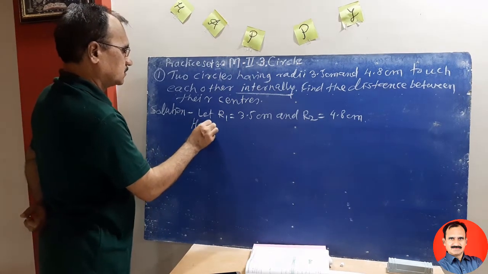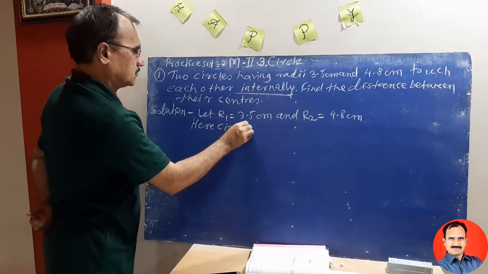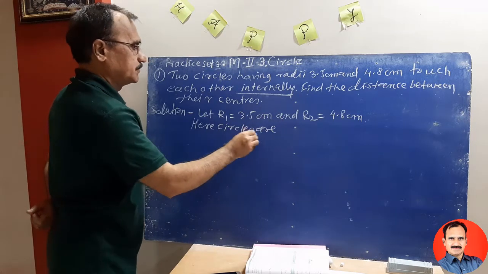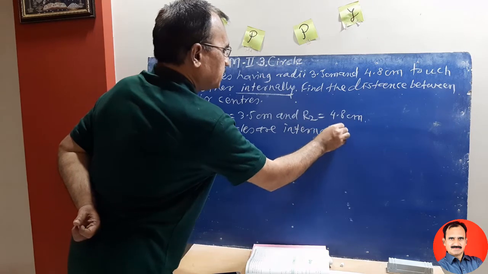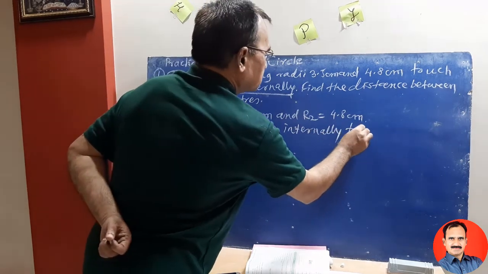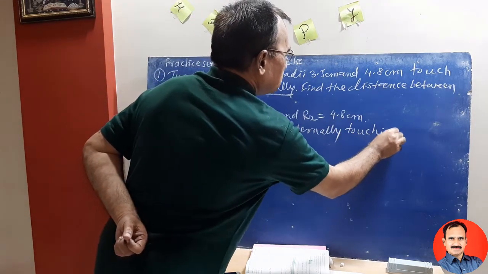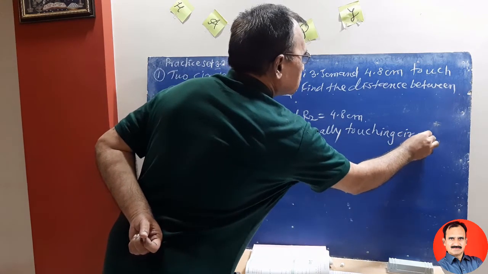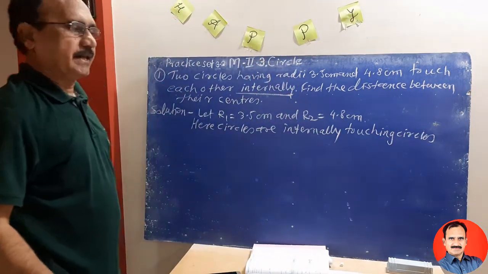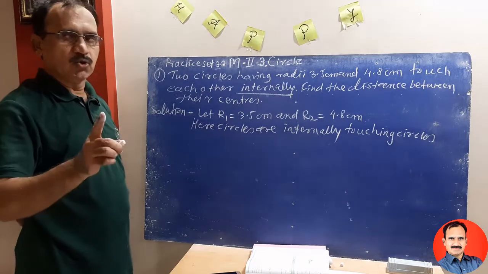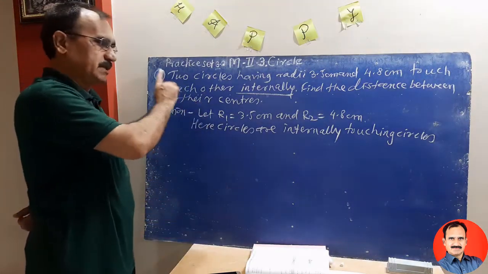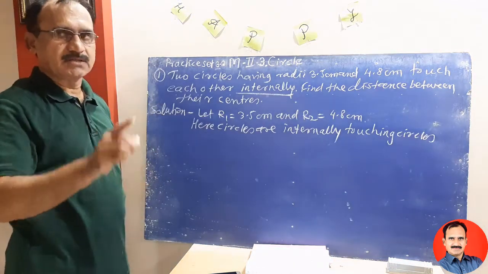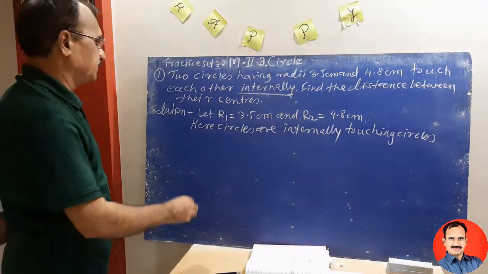Here the circles are internally touching circles, and you know, if circles are internally touching, then the distance between their centers is the subtraction of the corresponding radii.